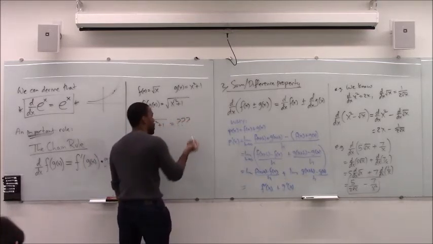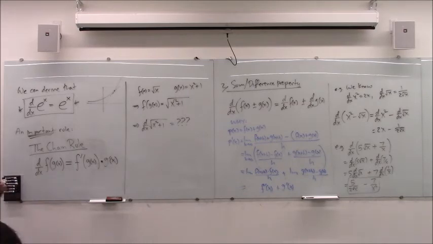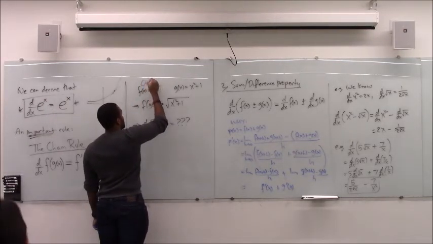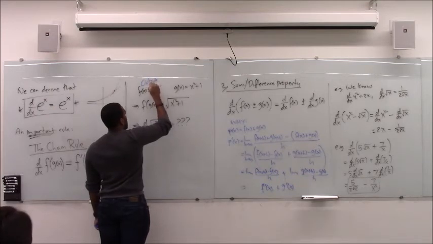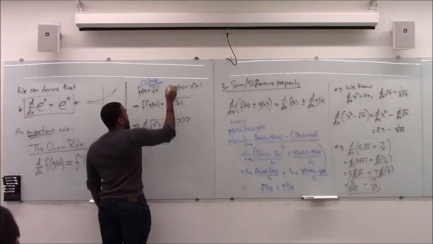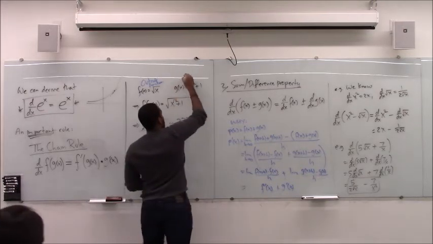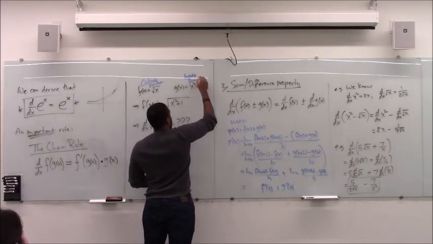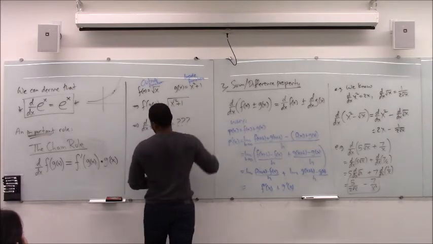Right? How would you actually go about figuring that out, right? One thing you're going to notice is that this is a composition. There is an outside function, namely the square root. And then there's an inside function. I took this function over here, and I plugged it inside of that function.